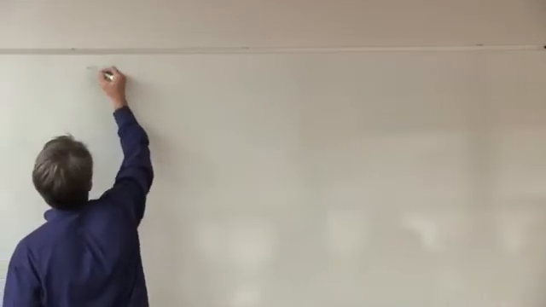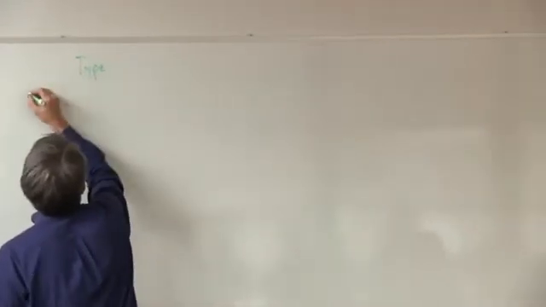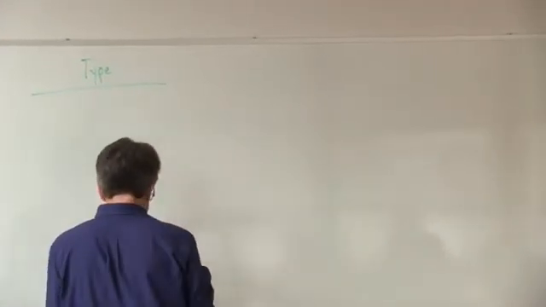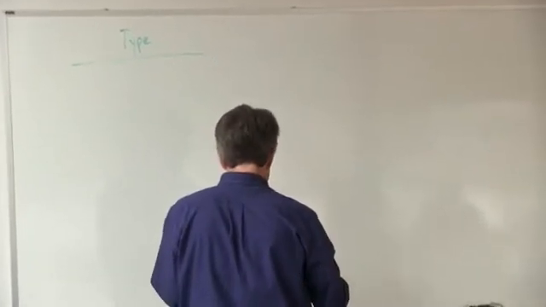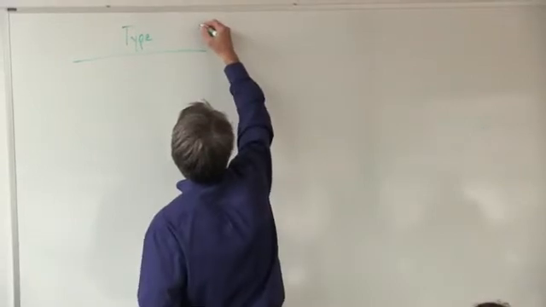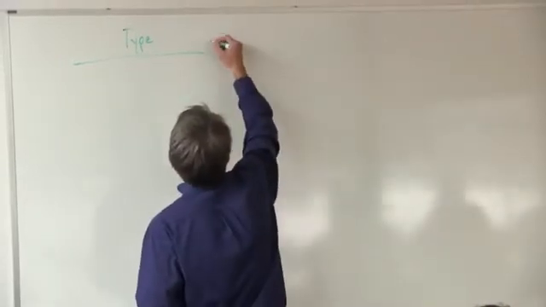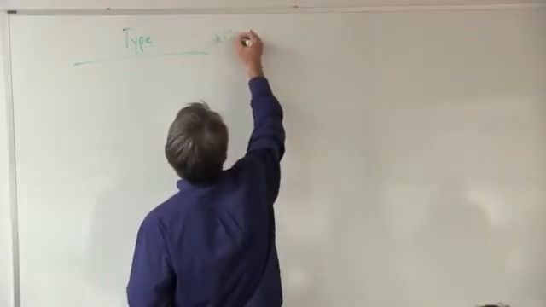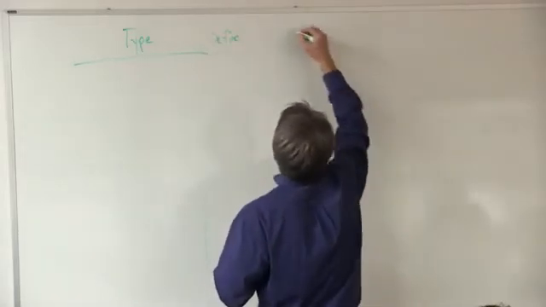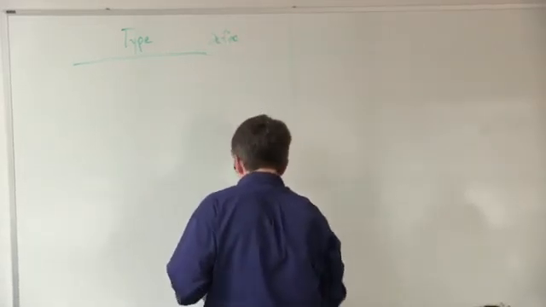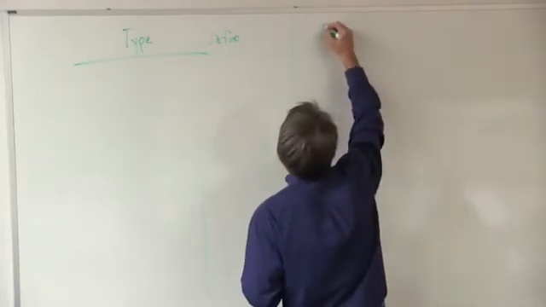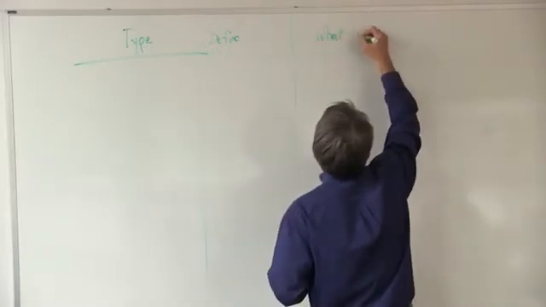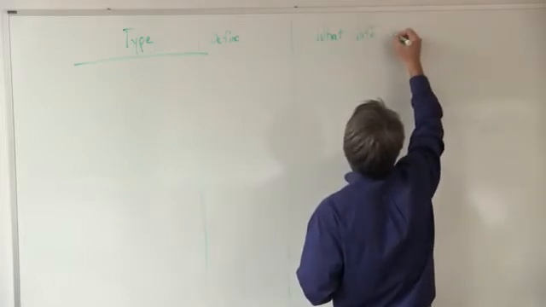Okay, so we're going to have type, and we'll have a little definition, since in some cases we may need to do that. Then we're going to have what information is conveyed.